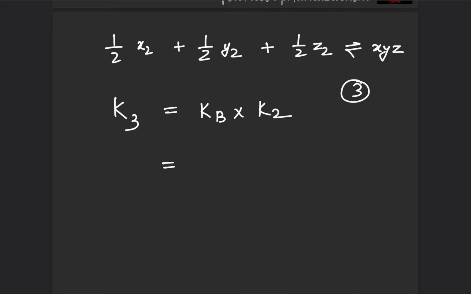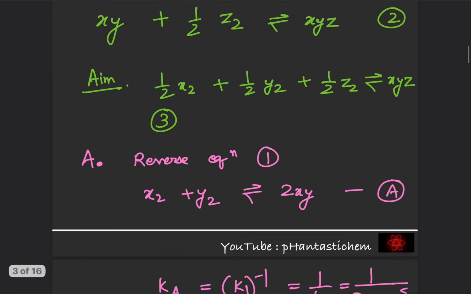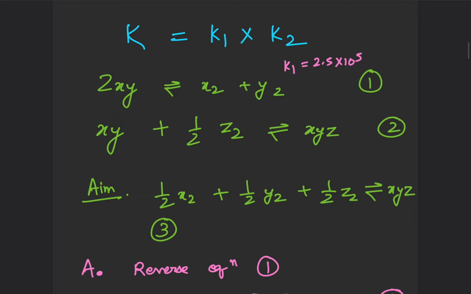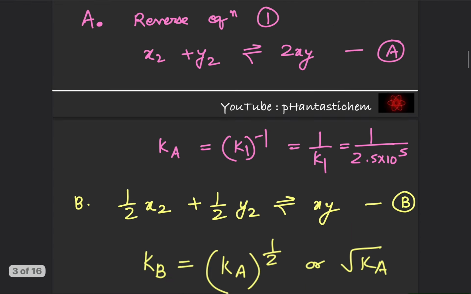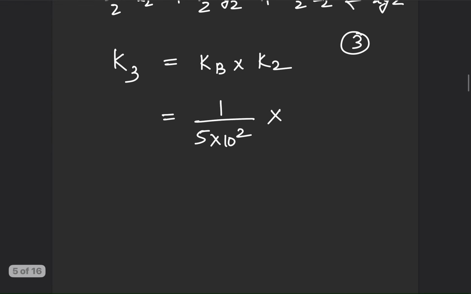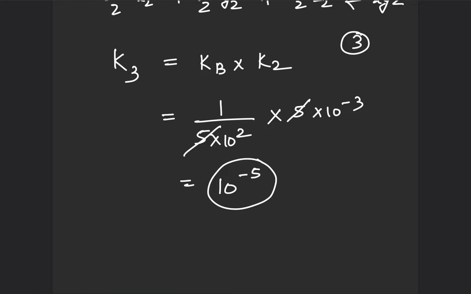So Kb we already know, it is 1 by 5 into 10 to the power 2, and K2 is given to us in the question as 5 into 10 to the power minus 3. So into 5 into 10 to the power minus 3, so this gets cancelled. So it is 10 to the power minus 5. Therefore 10 to the power minus 5 is the answer. Okay, thank you.